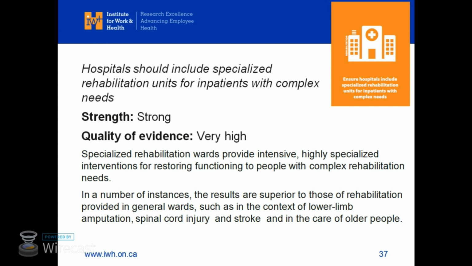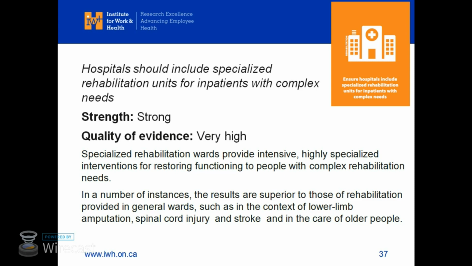What kind of disabilities? We found very high quality evidence, and the Guideline Committee voted, and they made a strong recommendation that yes, specialized rehabilitation wards provide intensive, highly specialized interventions for restoring function to people with complex rehabilitation needs.